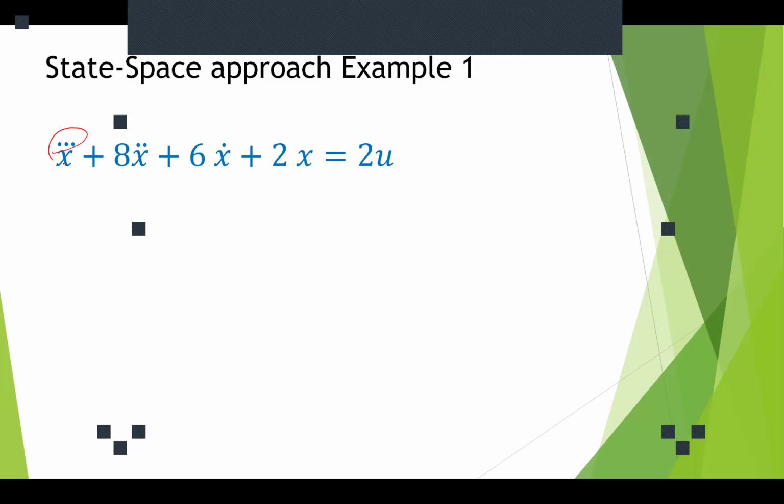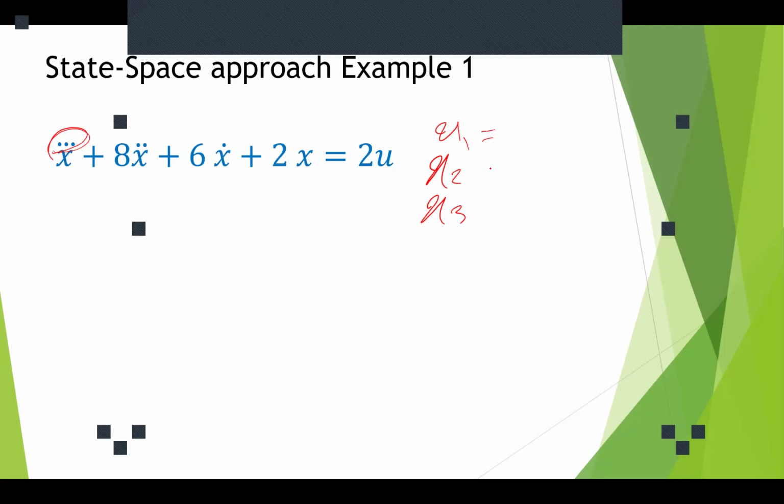The first statement was true: the order is going to be n, and n independent variables. So we have a 3rd order equation, so we are gonna have 3 independent variables, which is the minimum number of variables that we need to describe this equation in a state space.